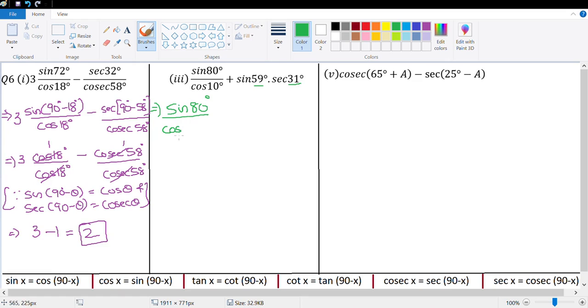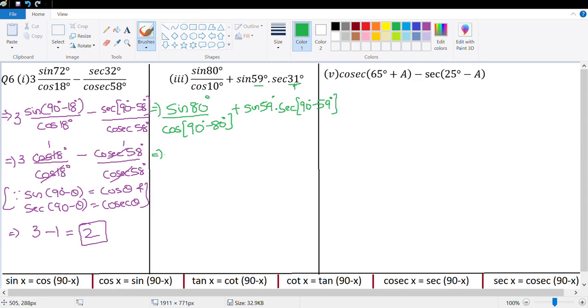Instead of 10, I will write this as 90 degree minus 80 degree, because 10 is nothing but 90 minus 80. And sine 59 degree dot sec, instead of 31, let me write this as 90 degree minus 59 degree. 31 is nothing but 90 minus 59.